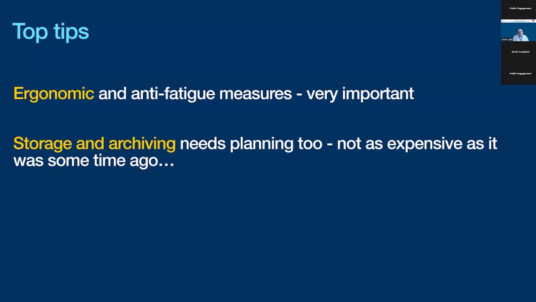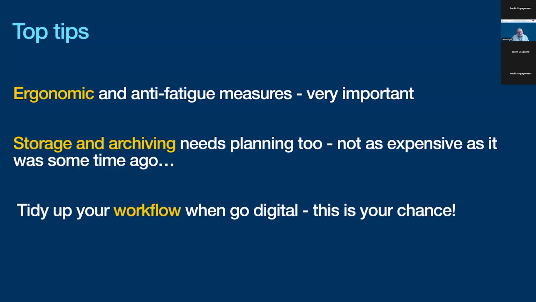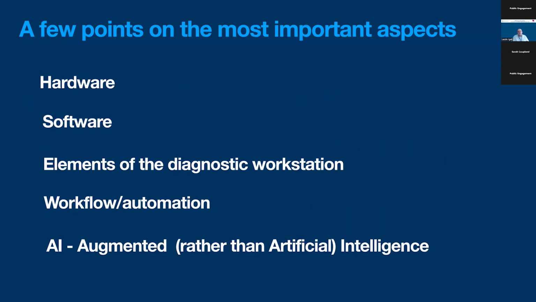That's what made it possible, because our images are massive. And one more tiny tip from me. When you are moving to digital, use this opportunity to tidy up your own workflow, which you have been suffering from for a period of time. This is giving you an excellent excuse to make it work significantly better.